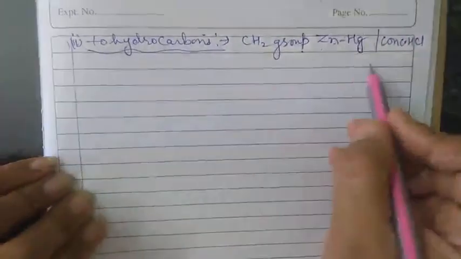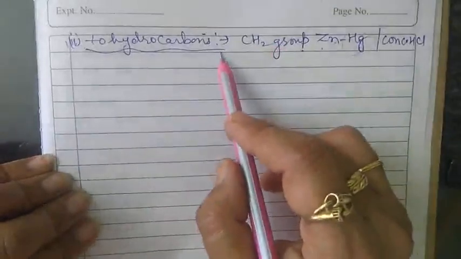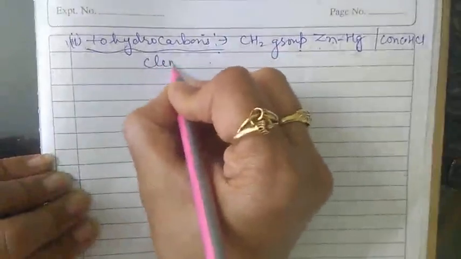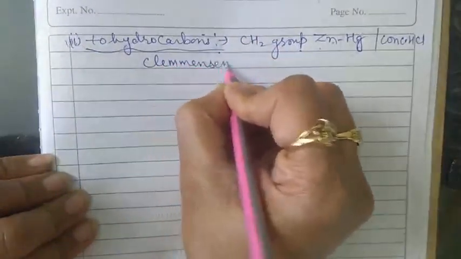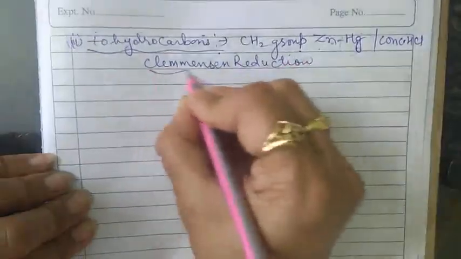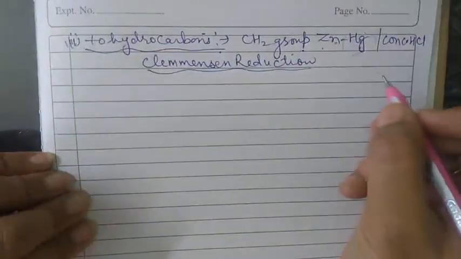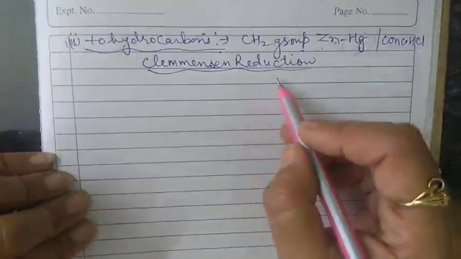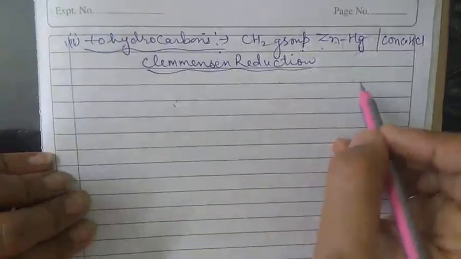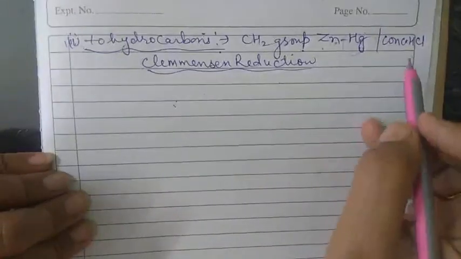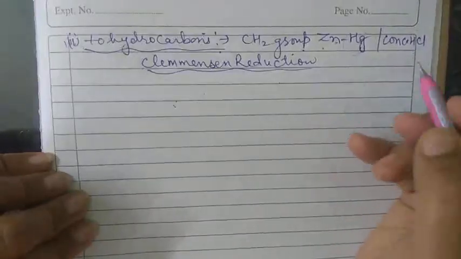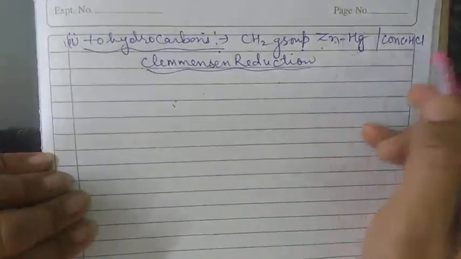This is a special kind of reduction. It is a naming reaction, known as Clemmensen reduction. This reduction also takes place with hydrazine followed by heating with sodium or potassium hydroxide in a high boiling solvent, which is ethylene glycol.